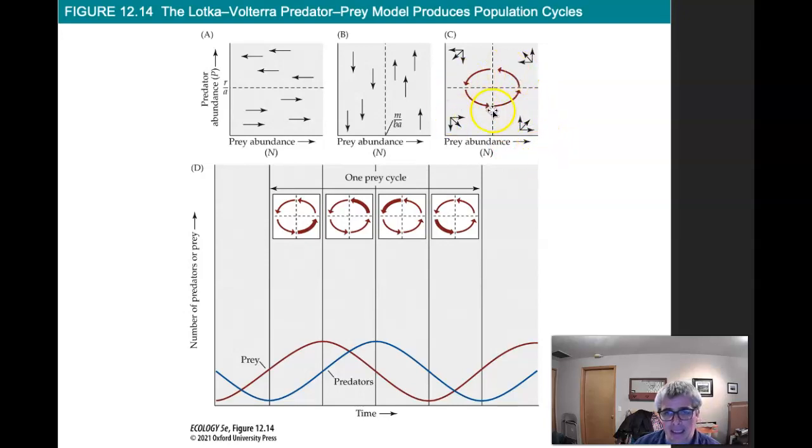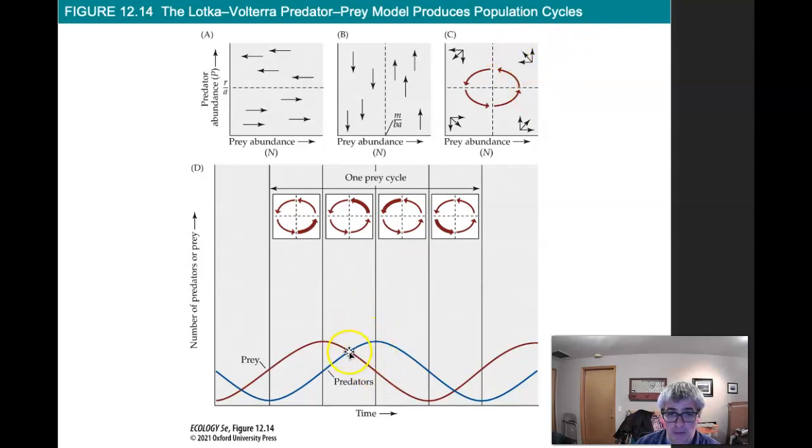And so you can take that and move it through time, which is all this is. So looking at, for a given time, prey are increasing. There's a lag of predators increasing. Prey start to decrease as we get into the upper right.